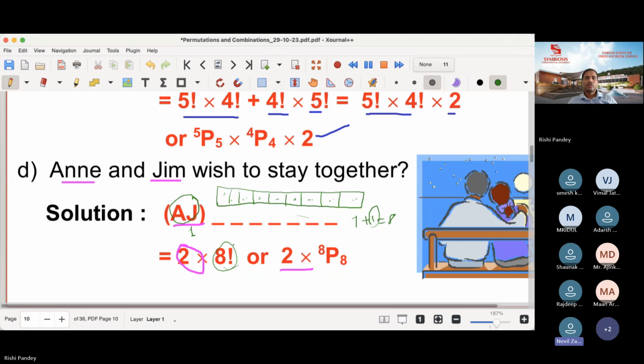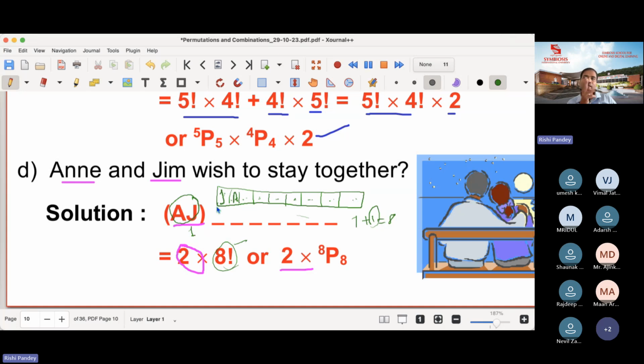Yes, sir. 8 people. What about Anna and Jim? Why is 2 written? If Anna shifts here, Jim shifts here. But it is also true if Jim sits first and Anna takes the seat here. Am I right? It means they can change their position as well.